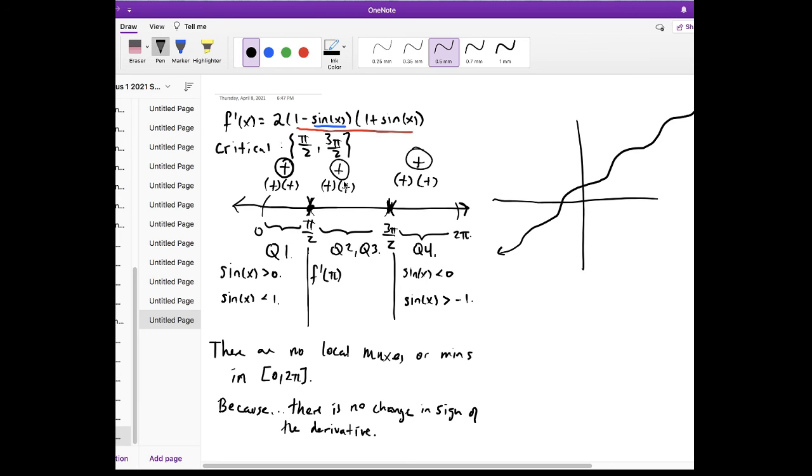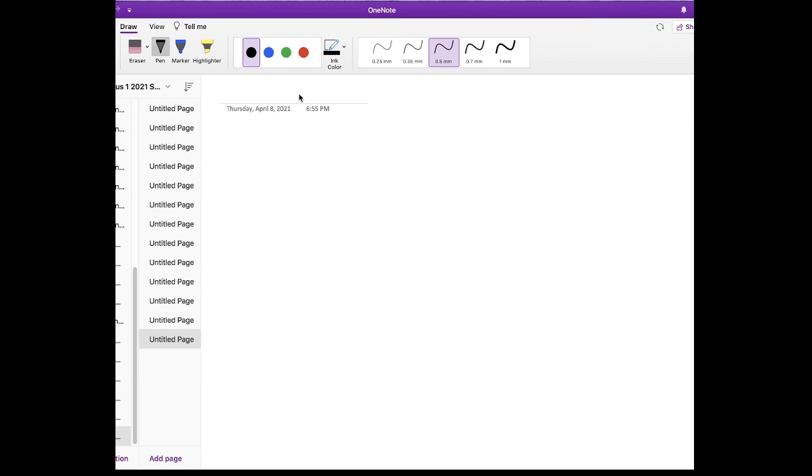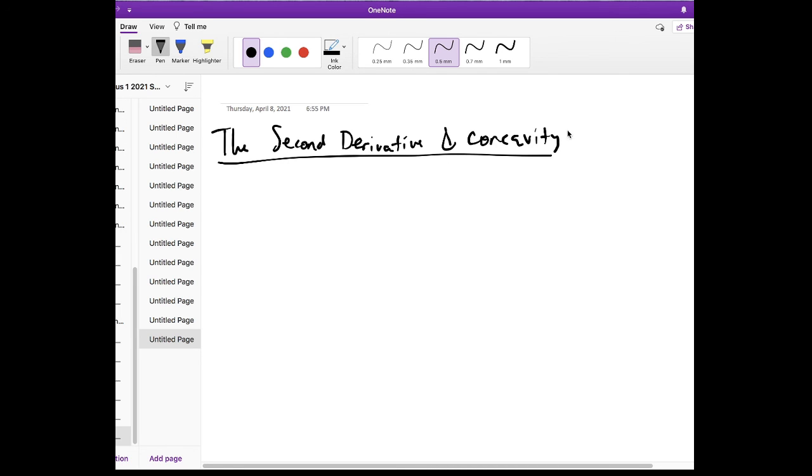Okay, so let's talk about the second derivative. It's usually the more interesting one, or just peculiar one. So when we first started talking about concavity, when talking about sketching the derivative, it was kind of a wishy-washy definition, right?